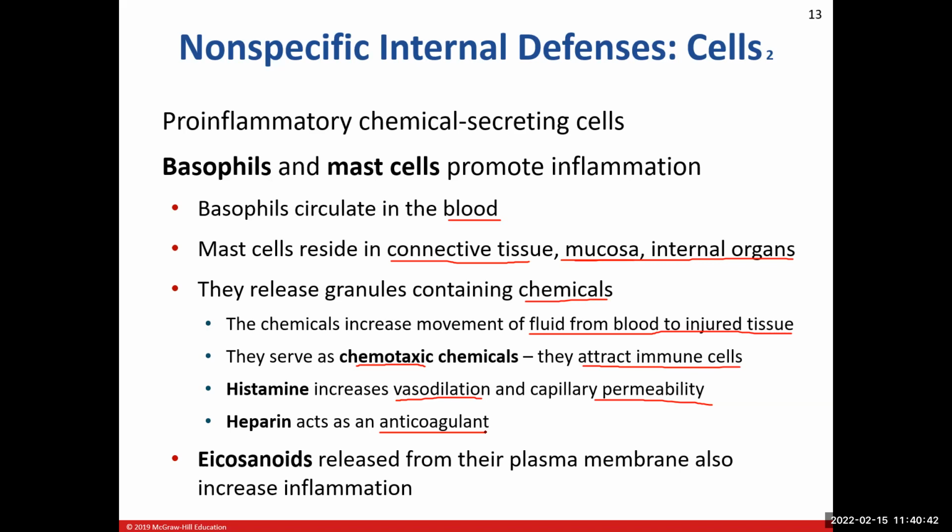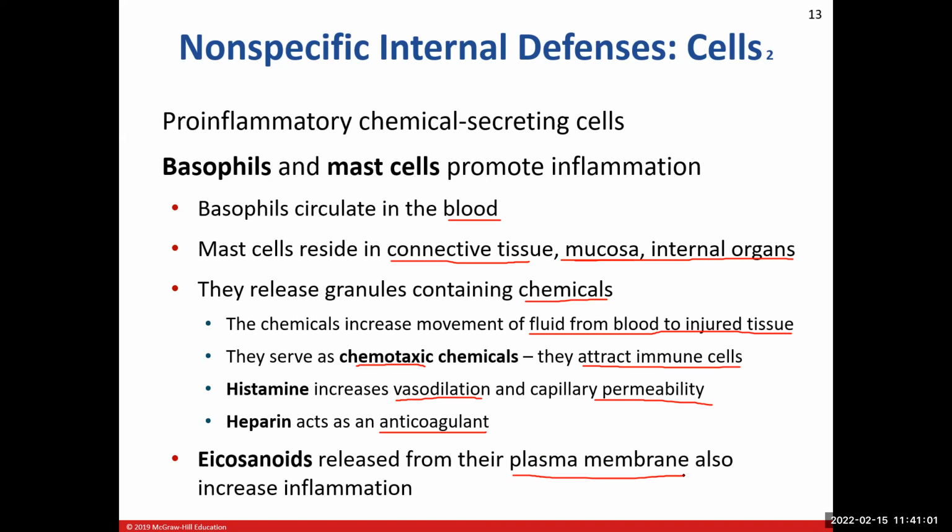And so we'll see, you've seen this term before, the eicosanoids here. These eicosanoids are going to come from the plasma membrane. I don't expect you to remember this, but there is a certain phospholipid in your plasma membrane called arachidonic acid.